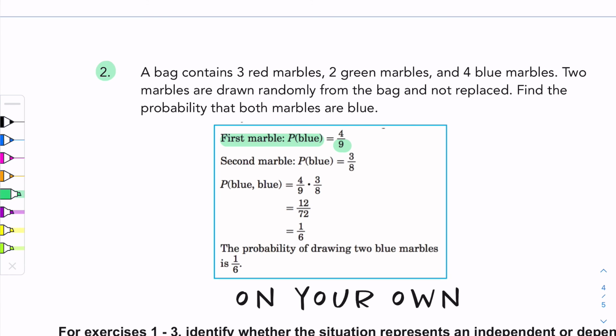The second marble, we have a probability of 3 out of 8 being blue because we remove 1 blue, that leaves us with 3, and we remove 1 marble total, which leaves us with 8. So 3 blue are left over, 8 total are left over. Of course, this is just probability, so that might not happen, but we're looking at the overall probability that it could happen.